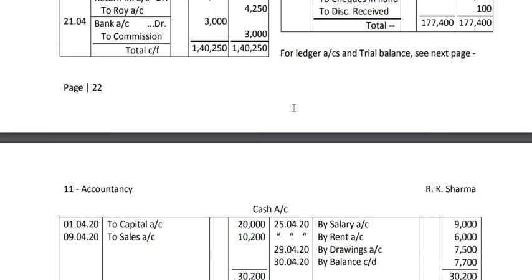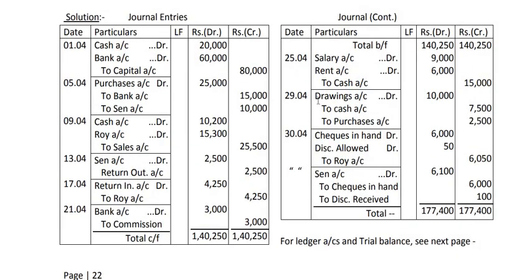Now one important thing, we have to make posting to cheques in hand account, discount allowed account and discount received account. So our entry is cheques in hand account debit, discount allowed account debit to ROI. So first let us pass entry in cheques in hand account.